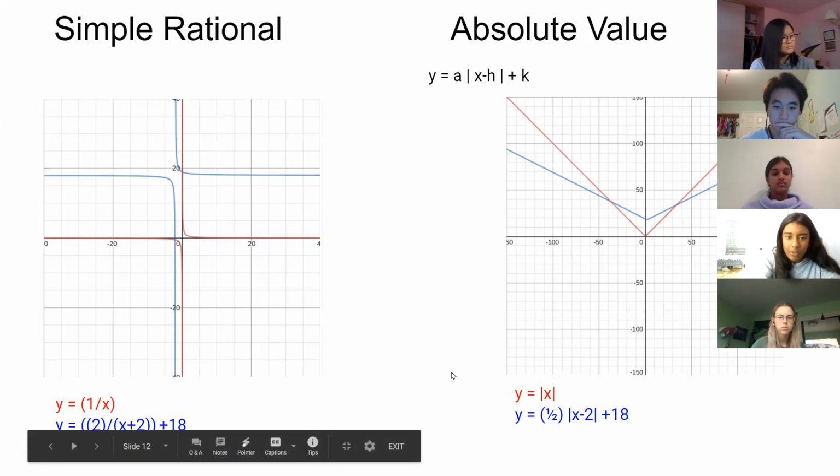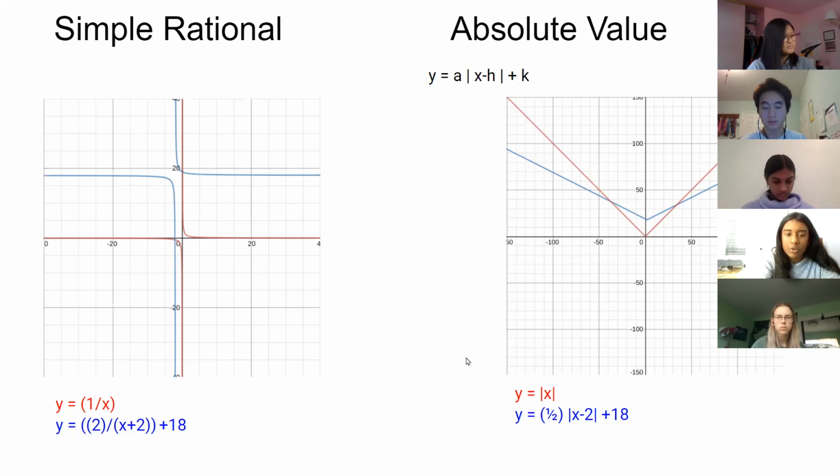So the reason there's a vertical asymptote is that as the value of the denominator gets closer to 0, the function blows up.